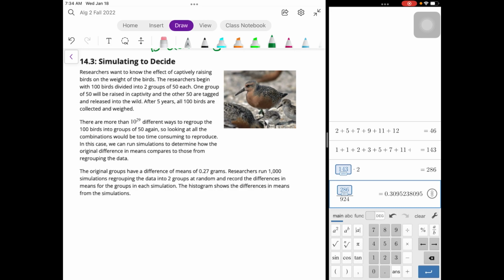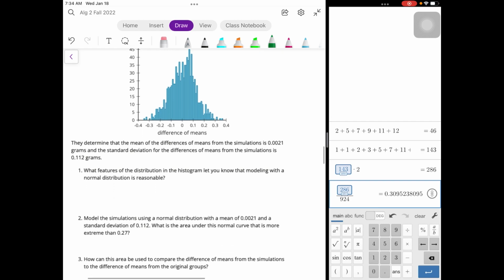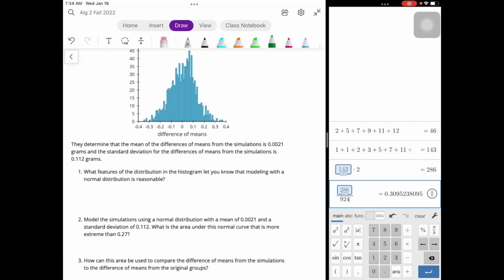The histogram shows the differences in means from the simulations. So there's your histogram. They determine that the mean of the differences of means from the simulations is about 0.0021 grams, and the standard deviation for the differences of the means from the simulations is 0.112 grams.